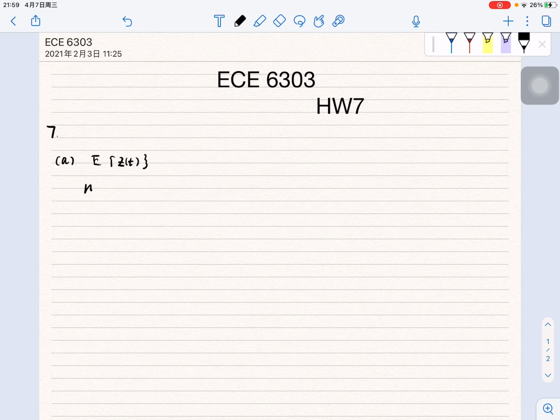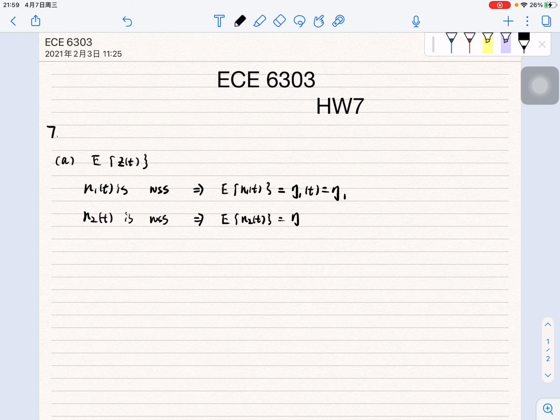We know that n1 is wide sense stationary, so we can get that the expectation of n1 equals eta1. n2 is wide sense stationary too, so the expectation of n2 equals eta2. And then we can calculate the expectation of z(t).